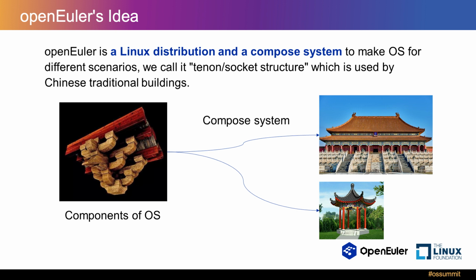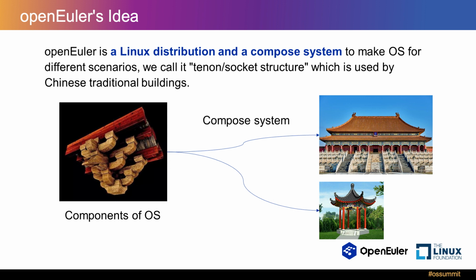The idea is that openEuler can be treated as a Linux distribution and also a composed system to make OS for different scenarios. We call it the tenon and mortise structure, which is used by traditional Chinese buildings. Like in the graph on the left, the base structure is solid and reliable, also small.